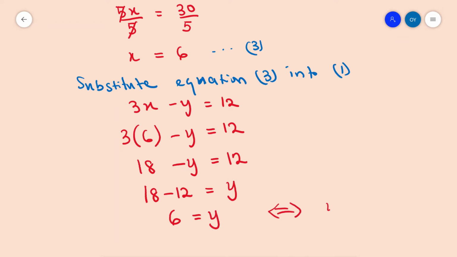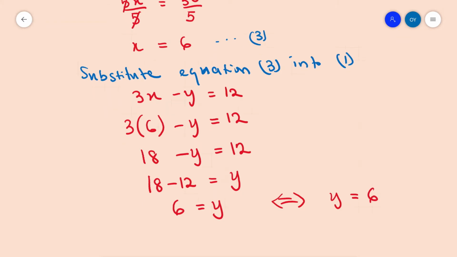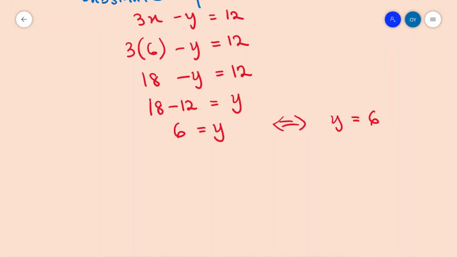This implies that y equals 6. So we have x equals 6 and y equals 6. So these are the solutions for the simultaneous equations.